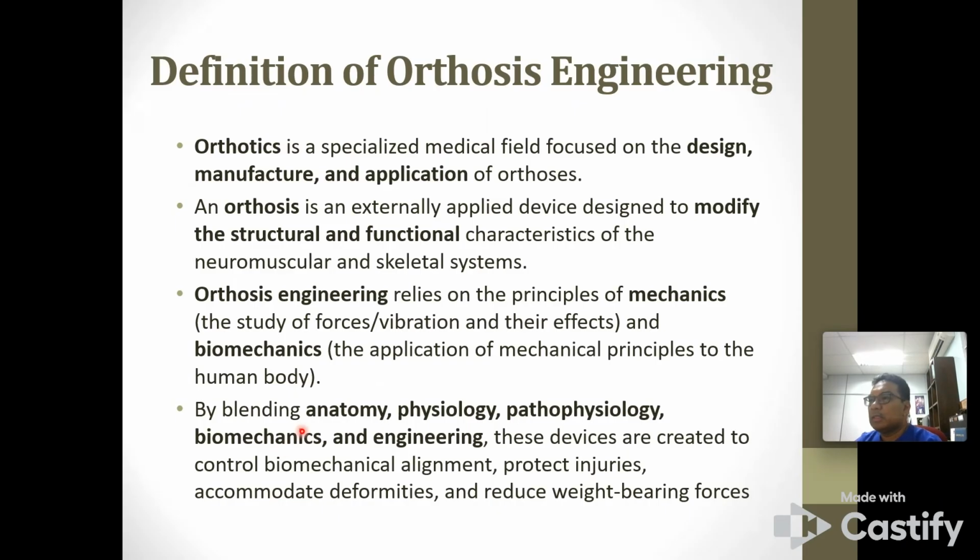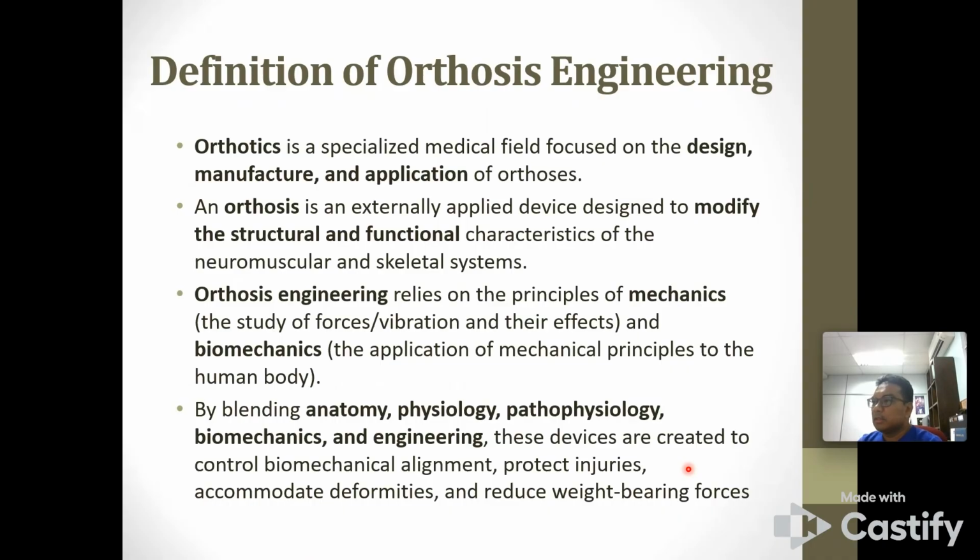By blending anatomy, physiology, pathophysiology, biomechanics and engineering, these devices are created to control biomechanical alignment. That means that if people have already been injured in an accident, for example, they may have some misalignment of the body, so we can design a device that can help them recover from that injury.